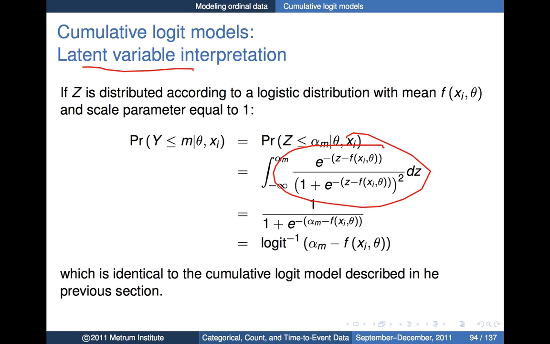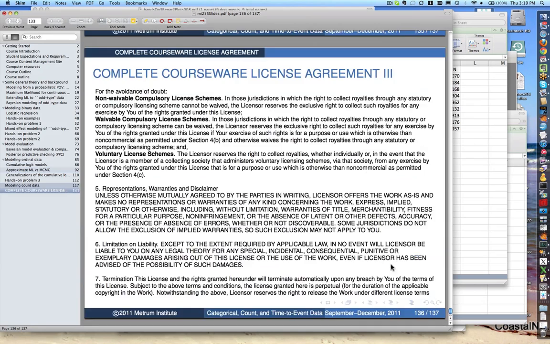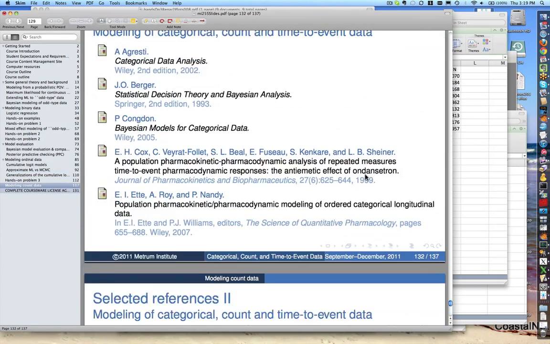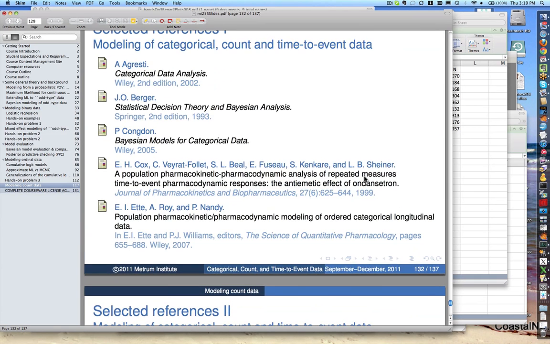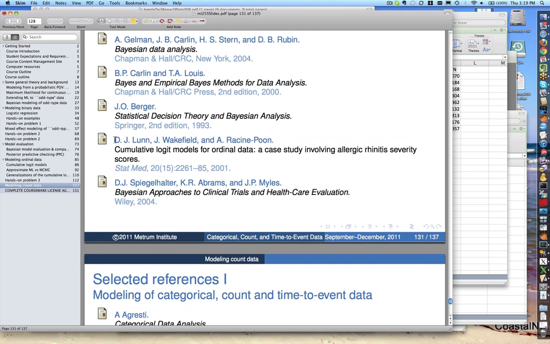Actually, one direction that I might point you to now that I think of it is the last slides. Let me point you to one paper too. I think it's in the list here. Yeah, the paper here by David Lunn, Wakefield, and Racine Poon is a nice one talking about cumulative logit models.